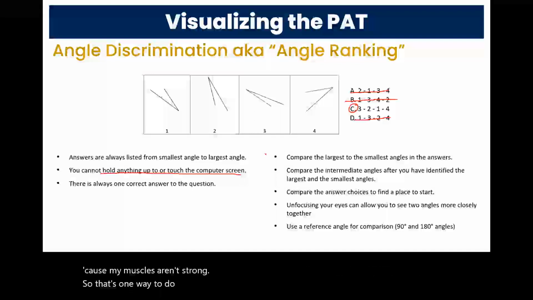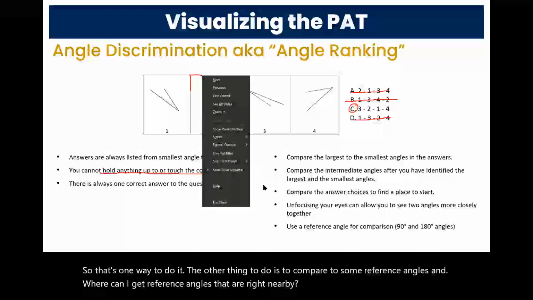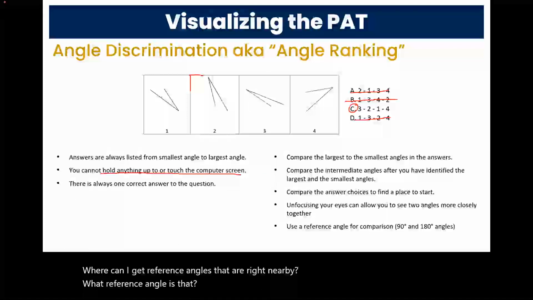The other way to do it is to compare to some reference angles. And where can I get reference angles that are right nearby? What reference angle is that? That's a 90-degree angle.